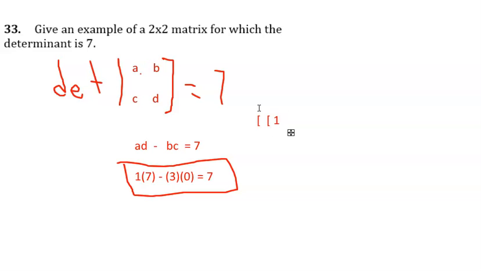So we'll have A is 1, B is 3, C is 0, and D is 7. And that works. And again, you could have an unlimited amount of possibilities for this. See if you could create a different one using different numbers that still equals 7.